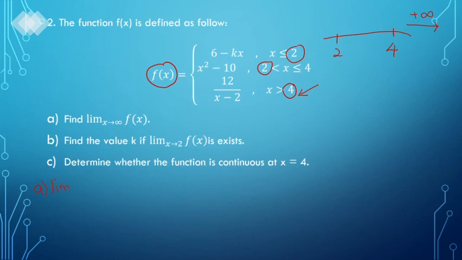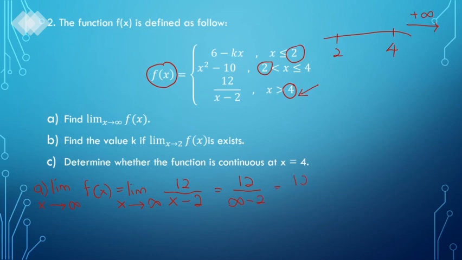Limit as x approaches infinity of f(x). So the function is 12 over x minus 2, which is 12 over x, which is infinity, minus 2.